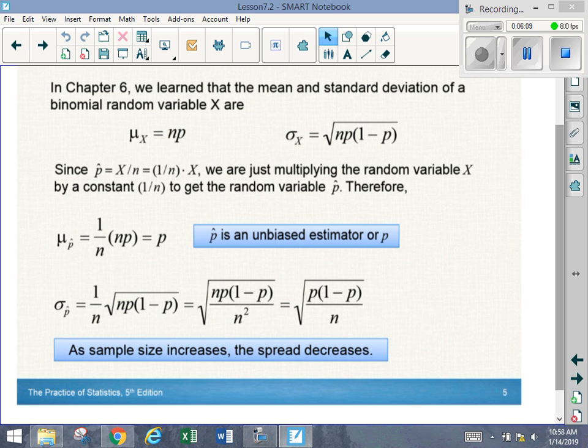It's essentially a proof of why we can estimate, and we can say that mu sub p hat, the mean of our sample proportion, is equal to our actual population proportion.